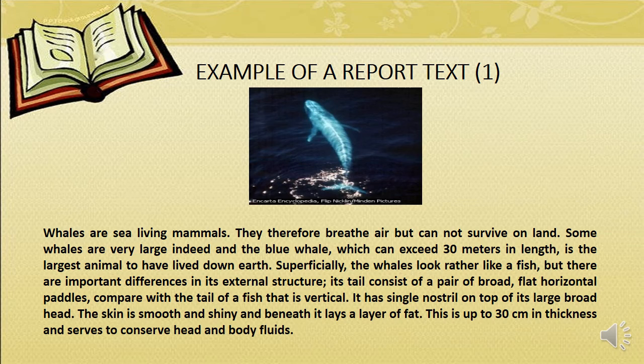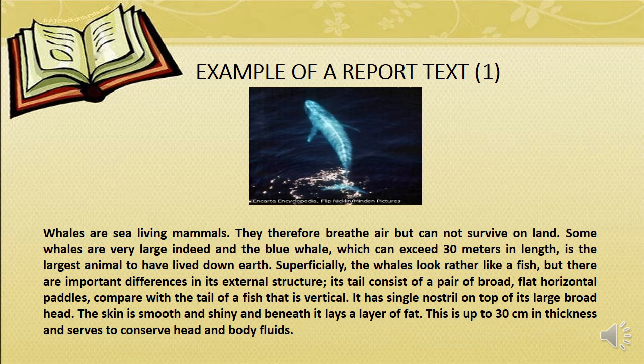Alright, you've seen the picture. This is a whale. I give you 1 minute to read the text. Alright, thank you. Whales are sea-living mammals. They therefore breathe air but can't survive on land. Some whales are very large indeed, and the blue whale, which can exceed 30 meters in length, is the largest animal to have lived on Earth.